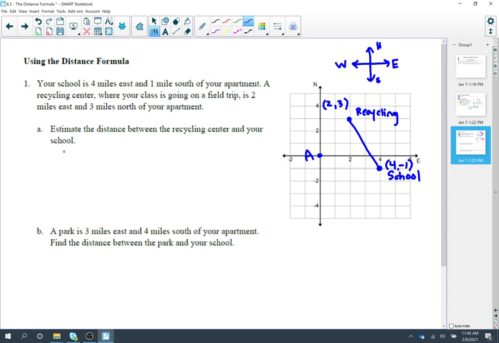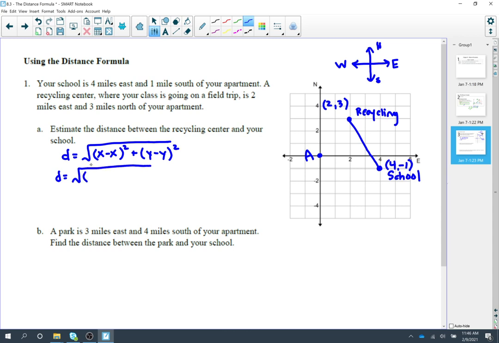The distance formula says I have to take the square root of my x minus x, square that, and then add it to my y minus y and square that. Keep in mind when you're subtracting your x's and your y's, you have to be consistent on your order, just like we did with slope.